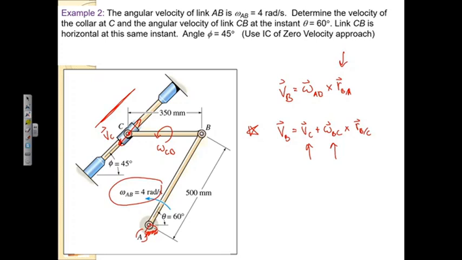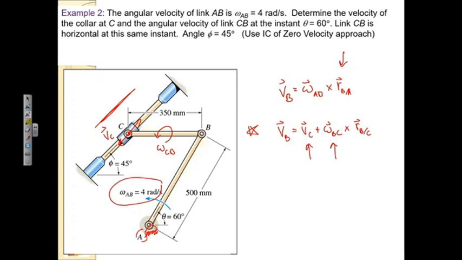You can do that, or you could leave this thing in polar and say that, hey, in polar coordinates, this is my R direction, my velocity is in the theta direction, and I can find my velocity in that theta direction. We could use that with the velocity in the theta direction for my IC, still the same direction, and I could figure out omega BC really easily. But we'll do it the hard way.